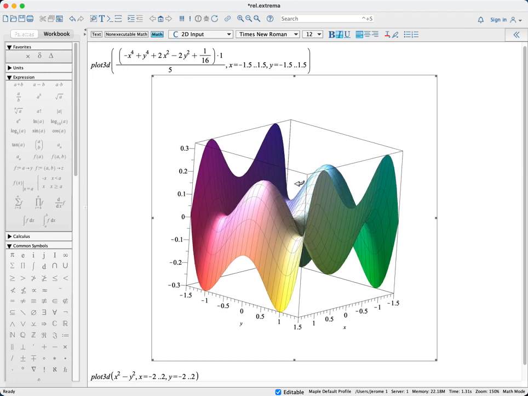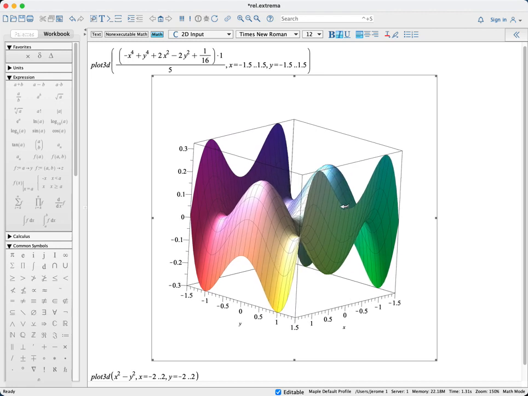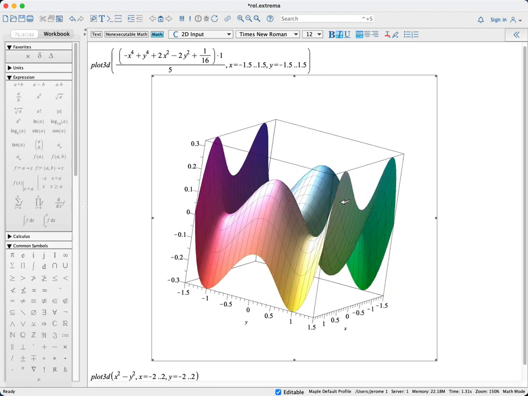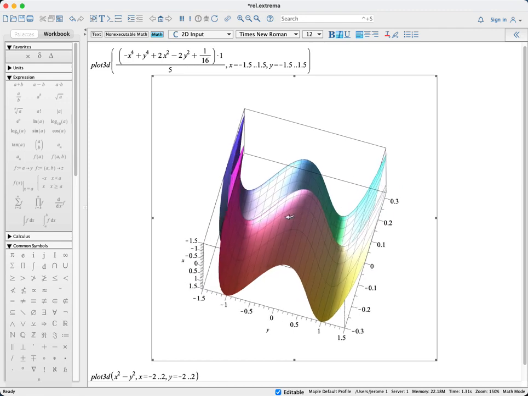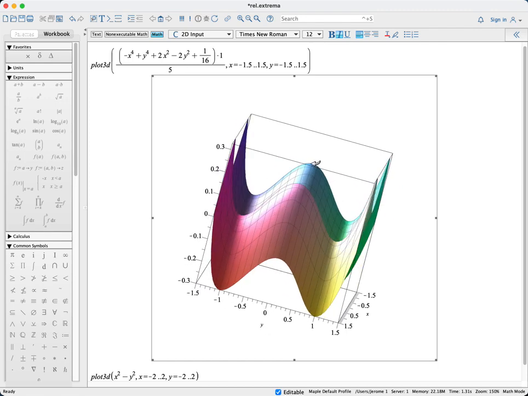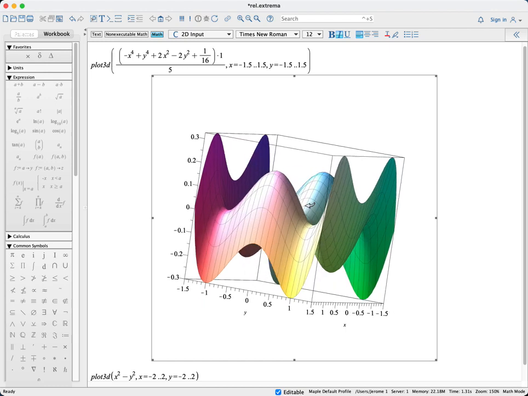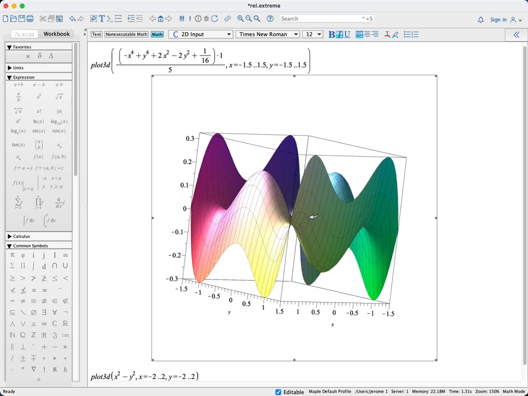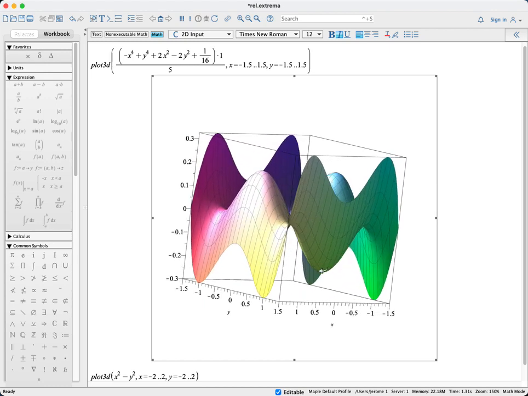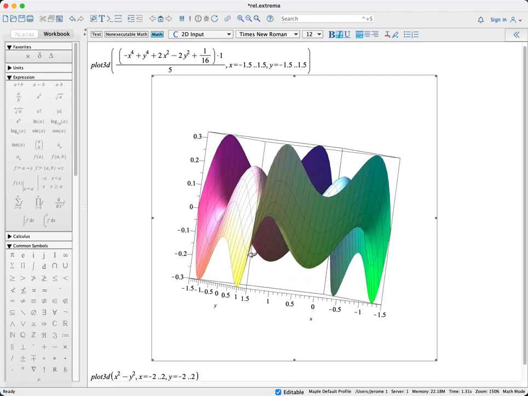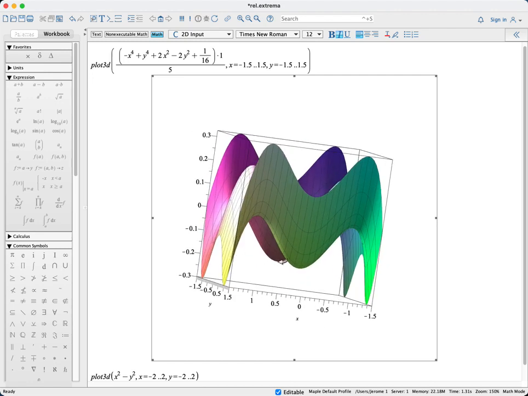And then the same could be said on this portion over here that's colored slightly differently. Let me just rotate it like this. So again, here you could say that your z value has a relative or local maximum. And then on the flip side, you have minimums. You can see it kind of bottoms out here, and then similarly over here, you can kind of look through it.